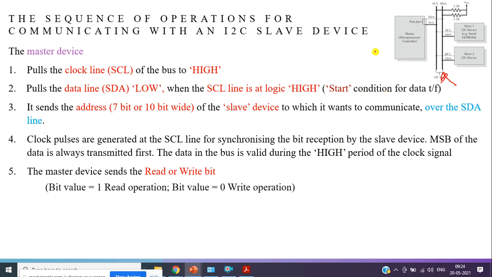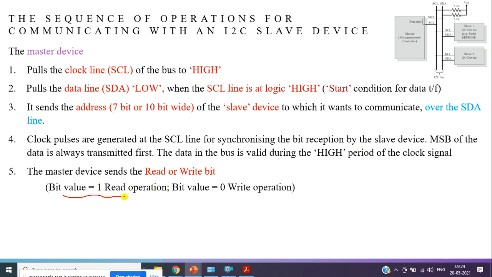If the master sends the read signal, it will fetch the data from the slave to the master. If the master sends the write signal, then the data will be written onto the EEPROM. That is the difference between write and read operations.